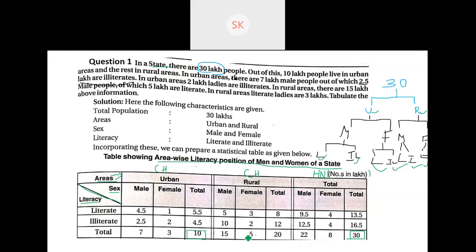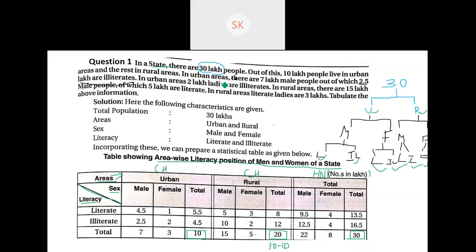Out of 30, if 10 were in urban, I can say in rural there were 20. Now how did I get 20? 30 minus 10. That is the overall value that I get. Did you all understand until here?